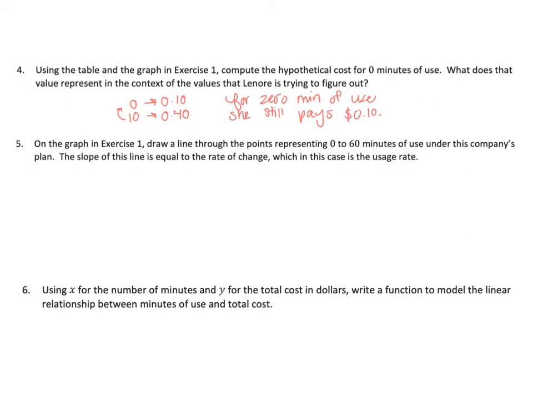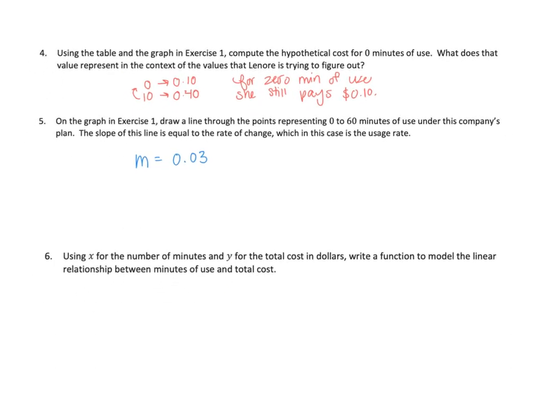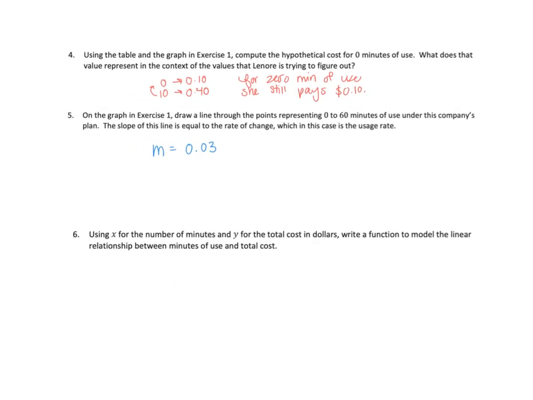It says, put that on the graph and draw your line through them. Okay? And the slope is our constant rate of change. Well, we went ahead and found that our constant rate of change was 0.03. Okay, we did that already. And now we're just going to be able to write our equation down here.